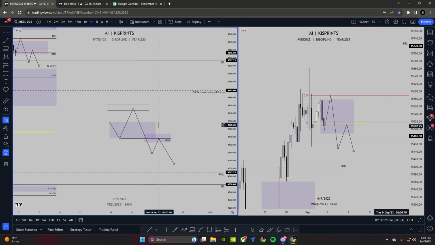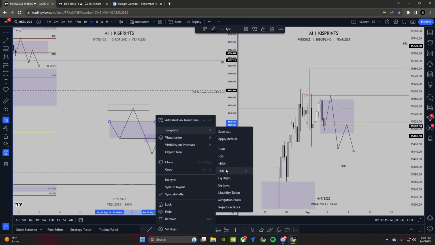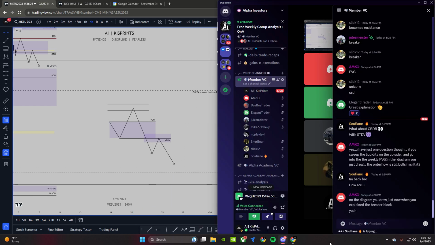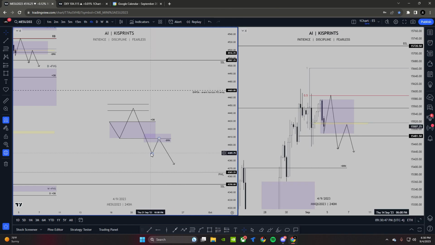Yes, but what did I say we want to be looking for? We want to be looking for the order block to be what? Order flow is still bullish at this point. In real time, if we look at it, forget about this part right here.